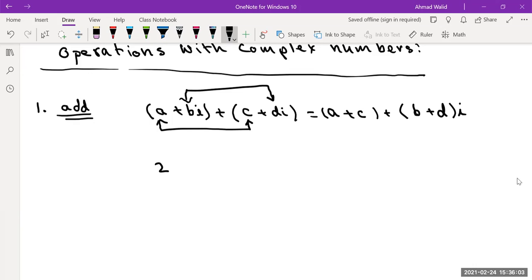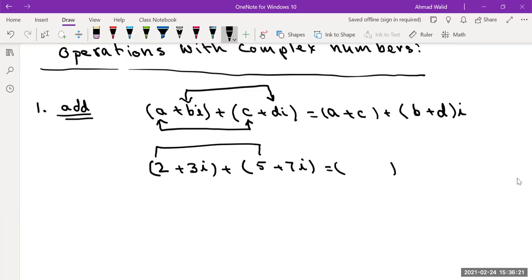For example, I want to add 2 plus 3i with 5 plus 7i. What I do, I'll add the real part with the real part, 2 plus 5, plus, and I add the imaginary part with the imaginary part, 3 plus 7, and I'll keep my i here.